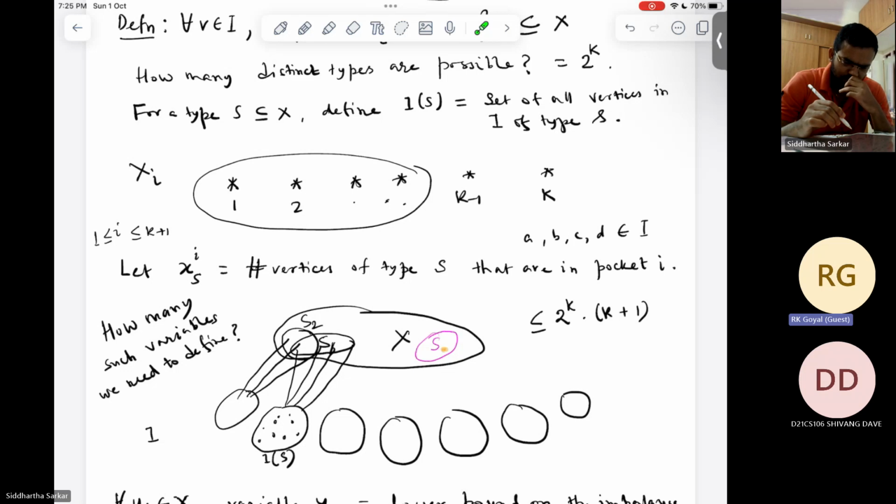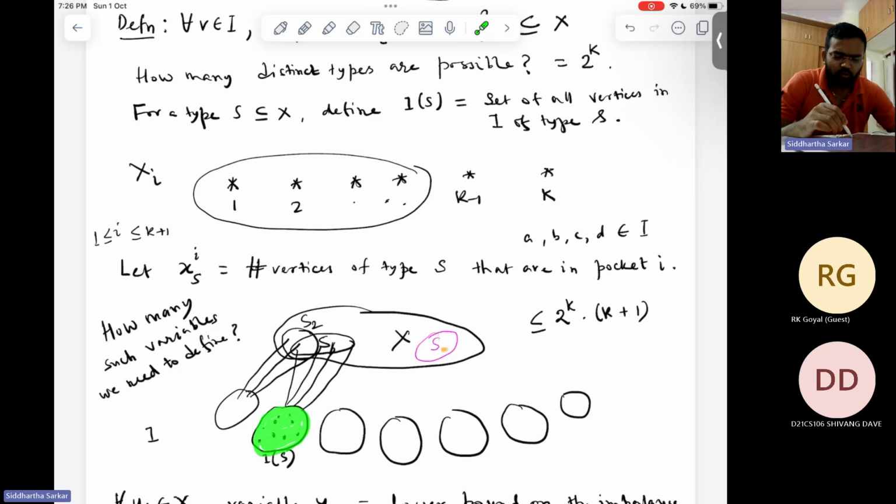Because you drew the green circle in the set I, I thought that XSI would be having the vertices within the set X, isn't it? Yes, so these are vertices corresponding to type S. Some of these vertices have gone to pocket I, some of them have gone to pocket I plus one, or one, two.